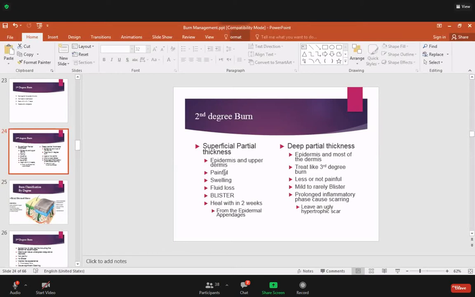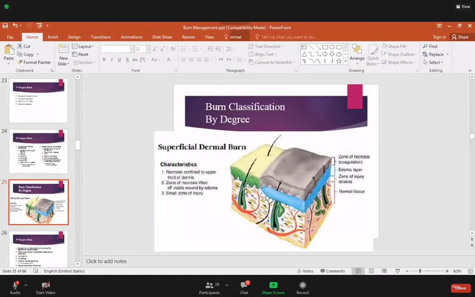Superficial partial thickness is painful because if you see in this picture, there are nerves that are coming and they are exposed by this burn area. The nerves are exposed and they become hyperstimulated in the superficial second degree burn.